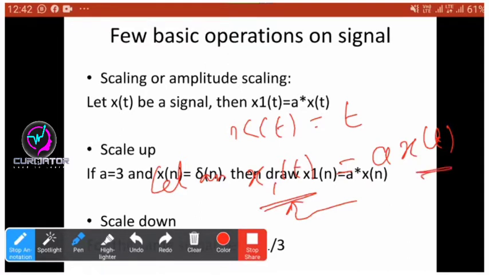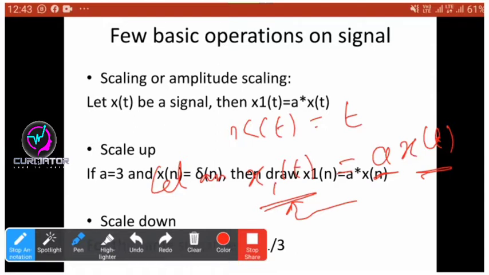Here we scaled this x of t with amplitude a. This a can be any value like 0, 1 by 2, minus 1 by 2, 5, minus 5, 2, minus 2, 3, minus 6, anything.